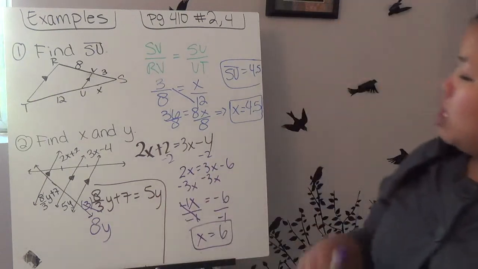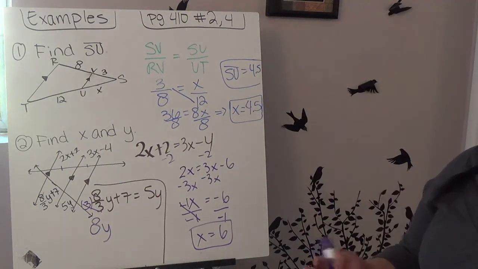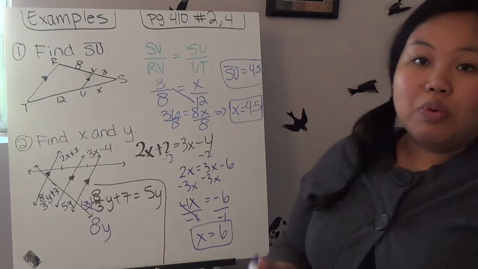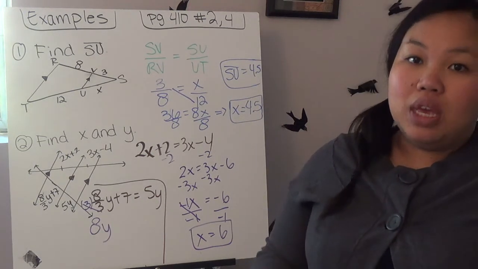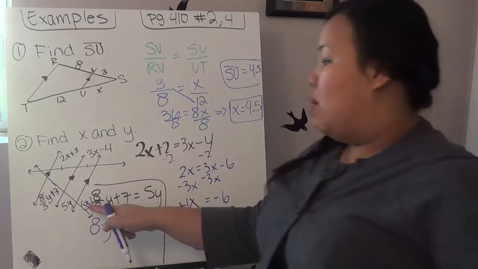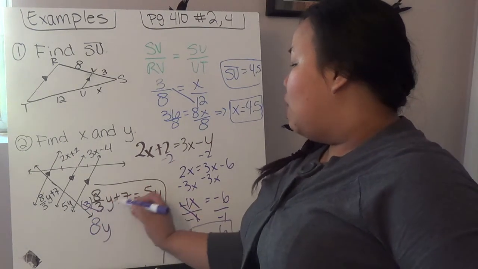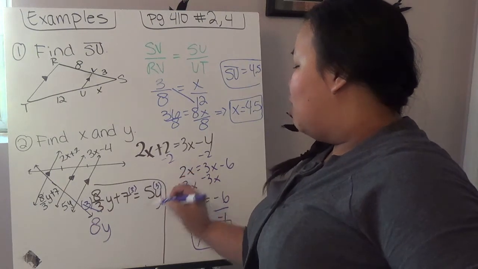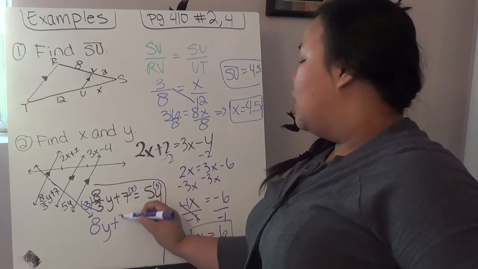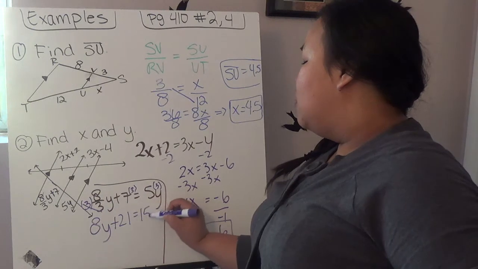But in order to keep the equation balanced, every term, that's anything that's separated by a plus, minus, or equal sign, needs to be multiplied by that same number too. So if I multiply this by 3, I have to multiply 7 by 3, and I have to multiply 5 by 3 in order to keep the equation balanced. So I have plus 21 equals 15y.